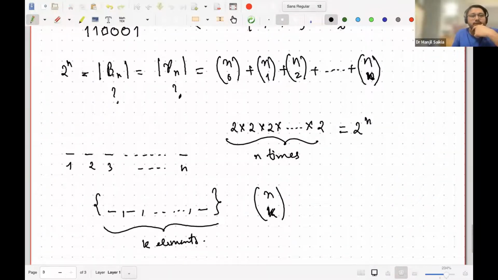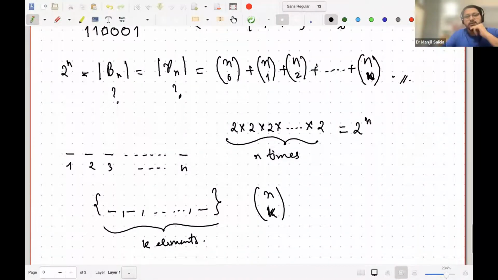Since we have already proven that the cardinality of Bn is equal to the cardinality of Pn, and that the cardinality of Bn is equal to 2 to the power n, and now we have proven that the cardinality of Pn is equal to this particular sum, combining all of these, we can say that 2 to the power n is equal to this particular sum, which is what we wanted to prove.